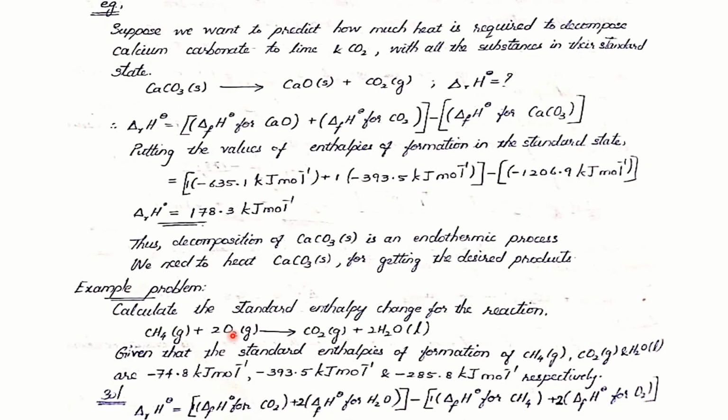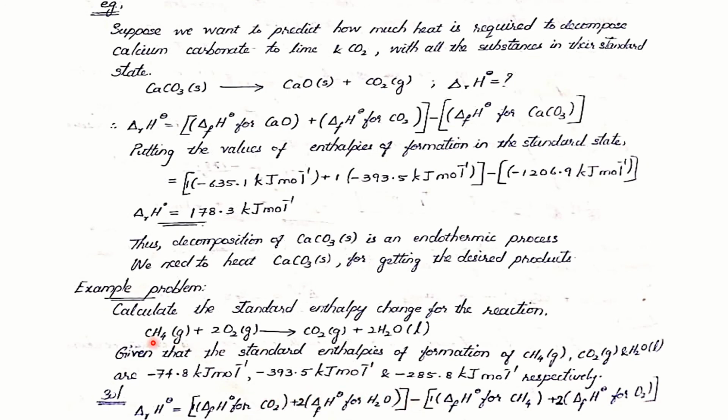So we write, what is the stoichiometric coefficient of carbon dioxide? It is 1. Okay, and we multiply it with the standard enthalpy of formation of carbon dioxide. Now what is the stoichiometric coefficient of water? It is 2, and then we multiply it with the standard enthalpy of formation of water. Okay, so these are the products and we have added both.